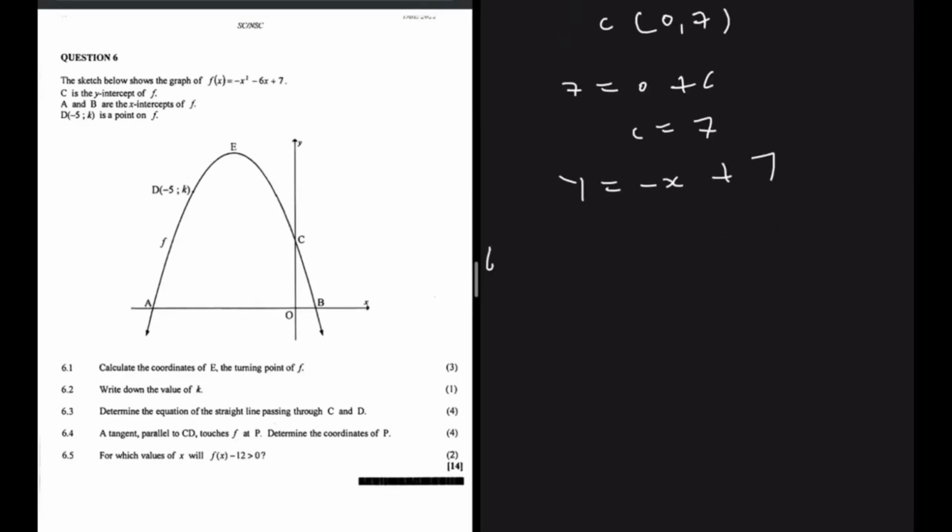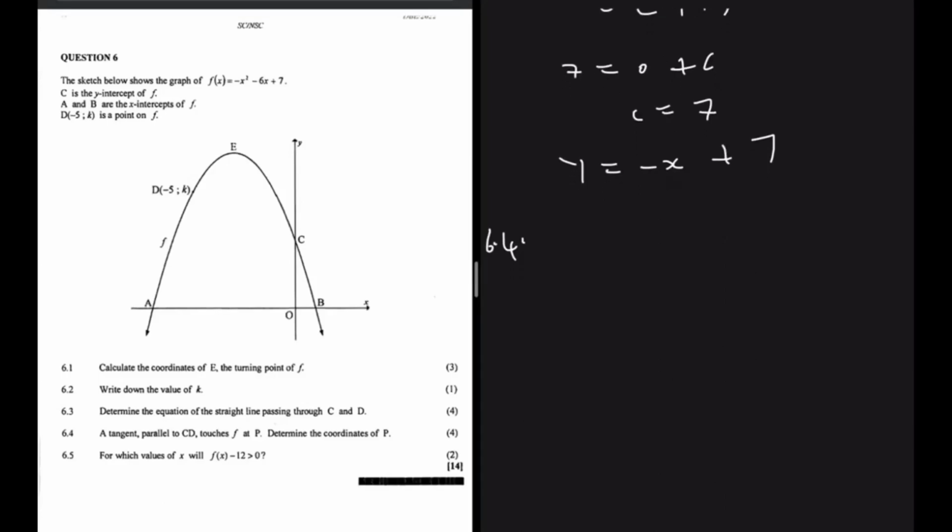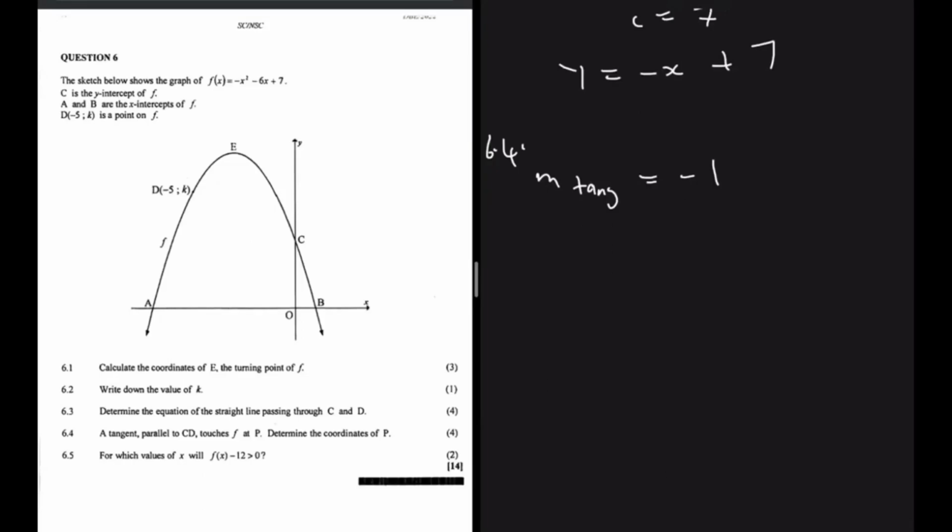So let's move ahead and do 6.4. 6.4 says a tangent parallel to CD touches f at P. Determine the coordinates of P. So if it's parallel to CD, then it means that m of the tangent is also equal to minus 1. And then our question says, let's find the coordinates of P, right? So this is how you do this kind of question.